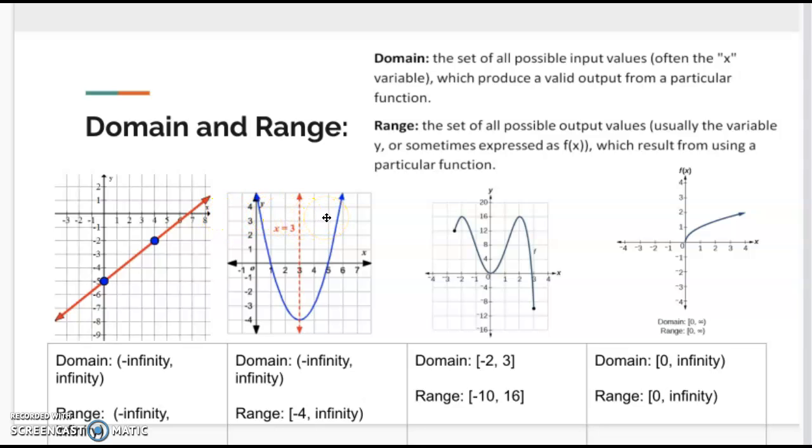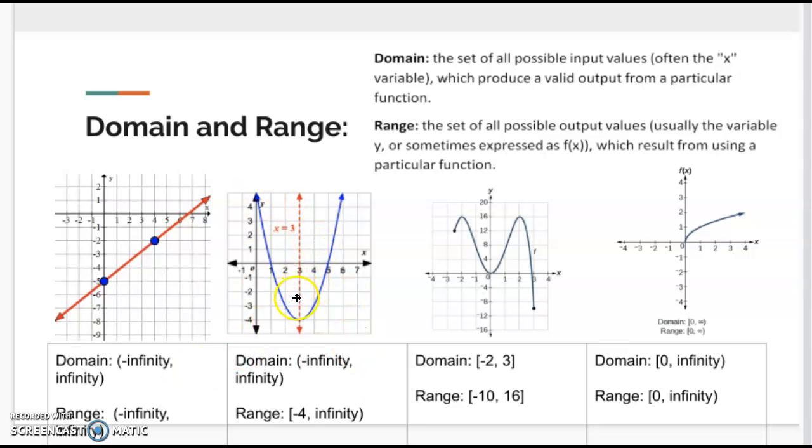So if you were to think about any number, 50, if I were to go all the way over here and graph 50, this line's going to keep going up and it's going to wind up hitting 50 somewhere up here. So I'm going to say all of my numbers work for my domain and range, because going up and going down, all of these are going to work the same. So negative infinity to positive infinity.